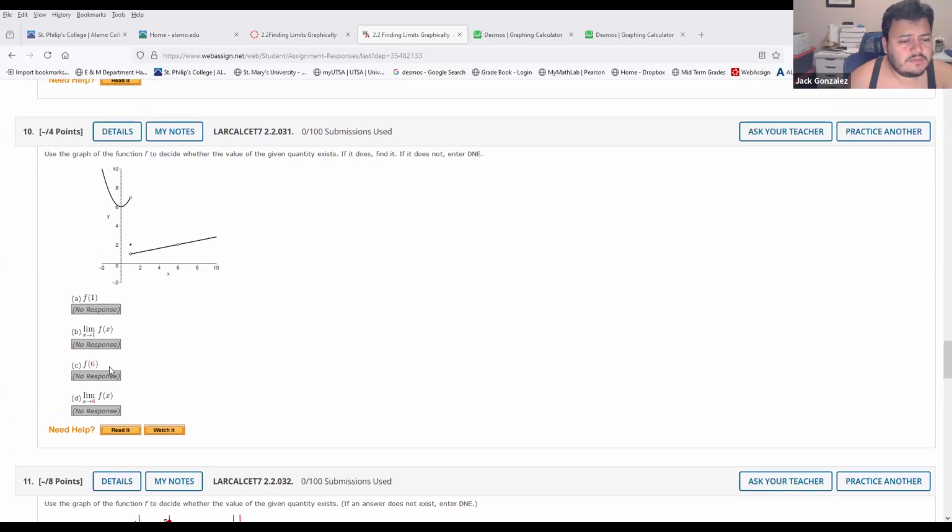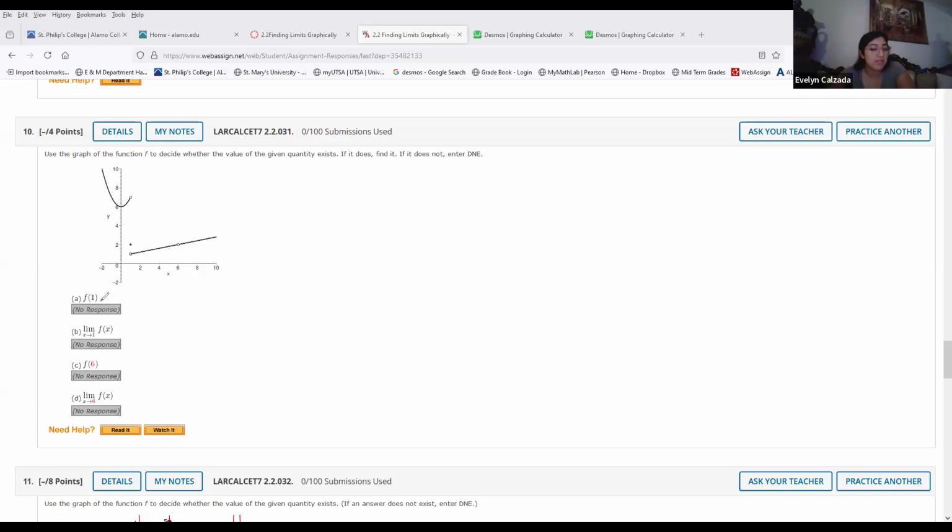On number 10, do you remember what this means? The f of 6, f of 1? Do you know what they're asking? Find the function.